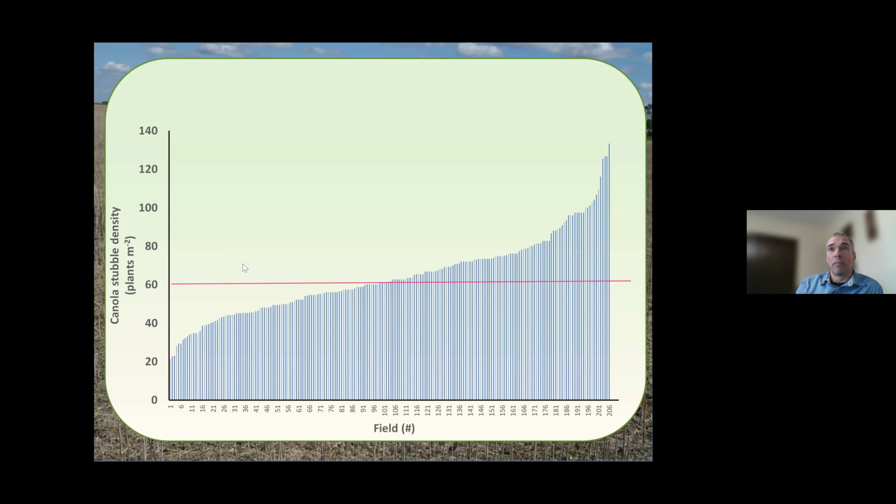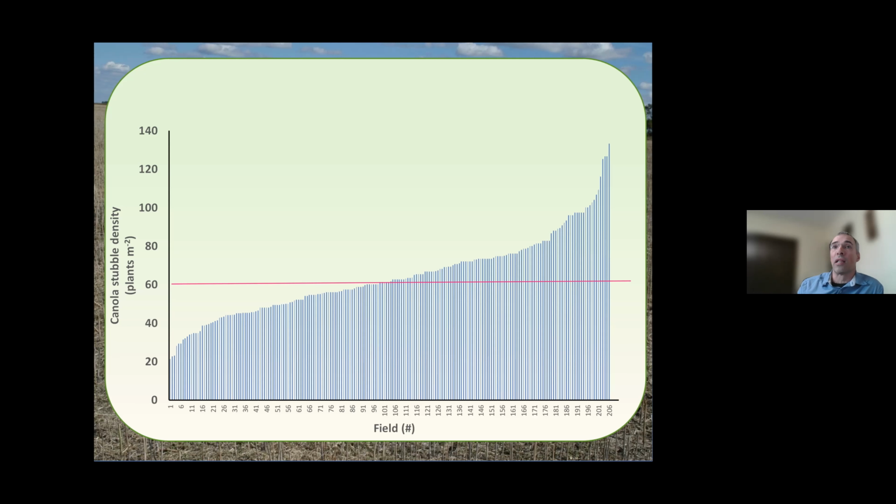This is just a frequency response of the canola densities in 206 different farm fields. And what I want to show you with this is that if you're a canola producer, and I would very strongly encourage you at the end of the season just to do a quick stubble count to see where your field fits into this. Remember I was saying that we need sort of 60 plus plants per meter squared to maximize our yields in many cases.